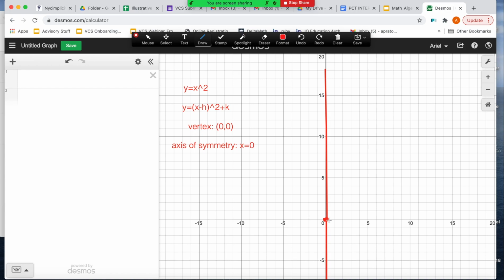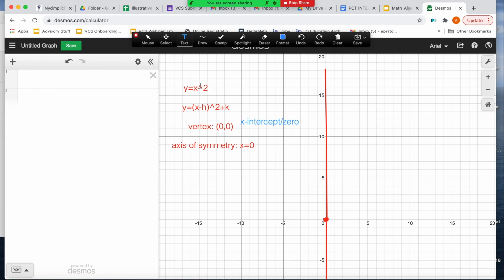We also know that in this situation, the vertex 0, 0 is also our x-intercept or our 0, because that is where the graph is either going to open up or open down, and that's the only point at which it's going to cross the x-axis.